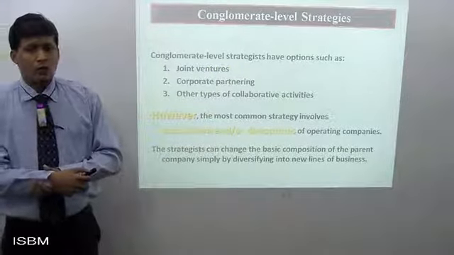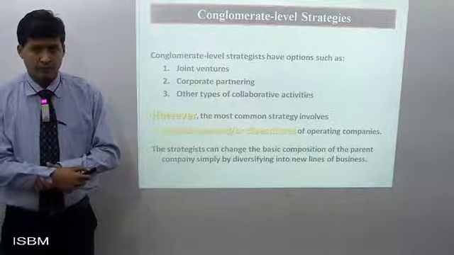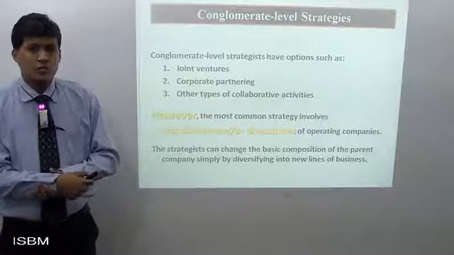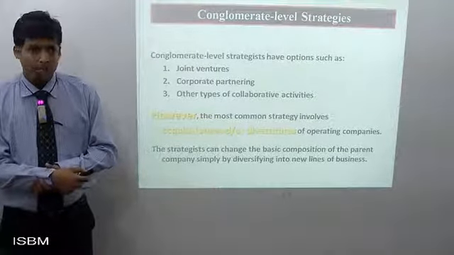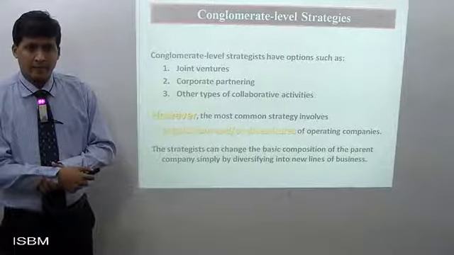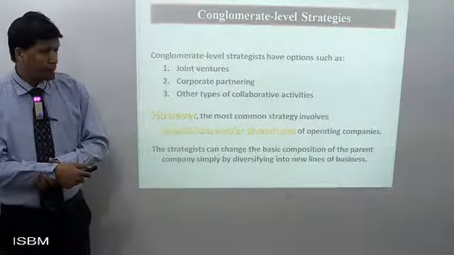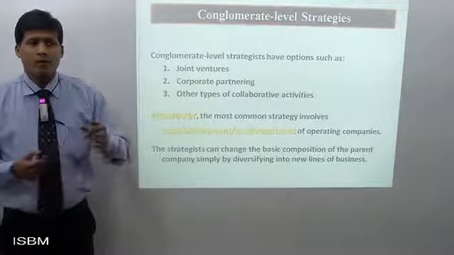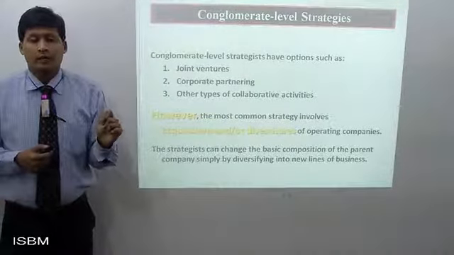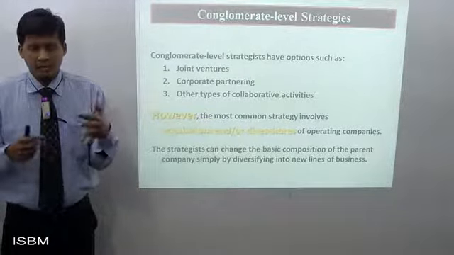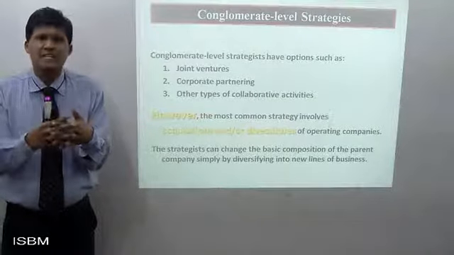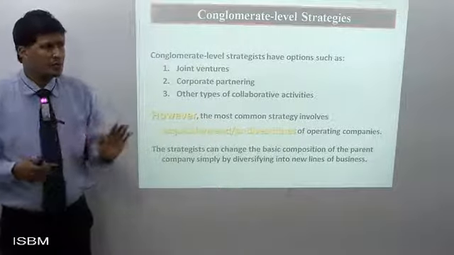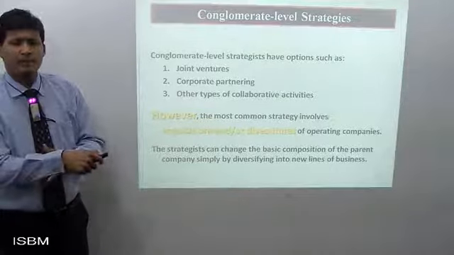So when we are looking at conglomerate level strategies, the options are JVs or joint ventures, corporate partnering, and other types of collaborative actions. What is corporate partnering? Corporate partnering is when they form an association in the host country where they want to operate. It's not a JV, but it's a kind of franchisee model, where they partner into some alliance, or it could be some very fragile collaborative business as well.